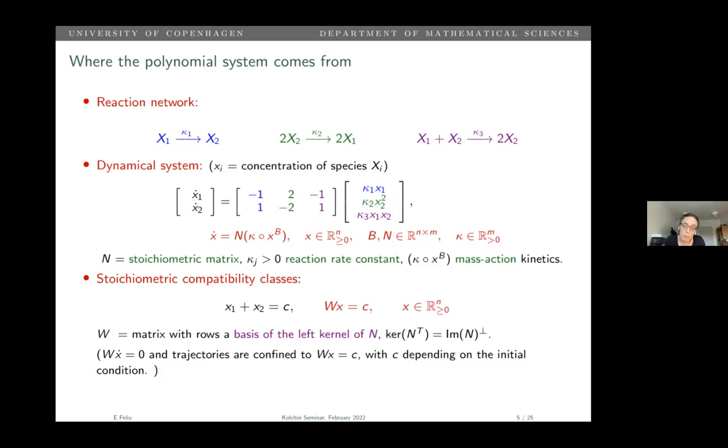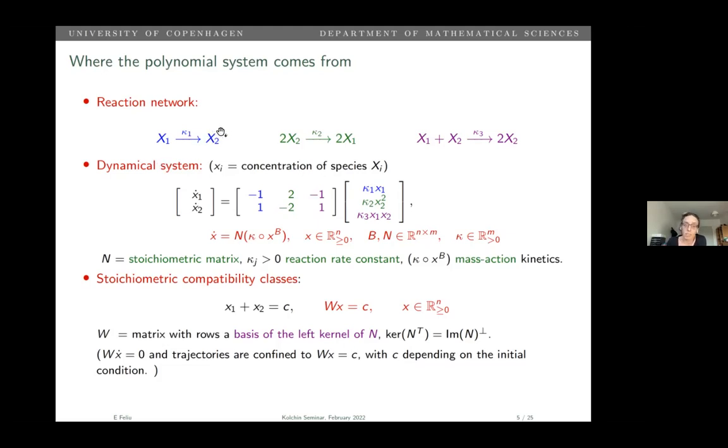When you do that, it's justified to model these concentrations with a system of ordinary differential equations, which is essentially given by first deciding how fast each of the reactions occurs.